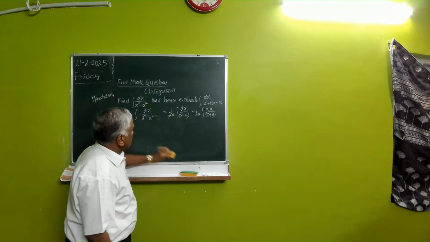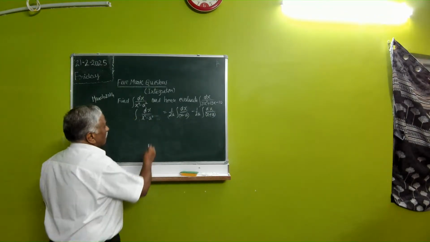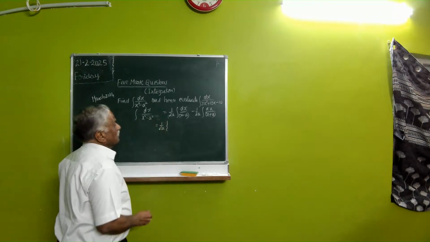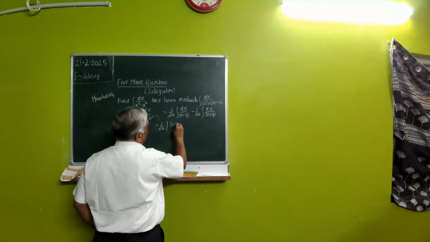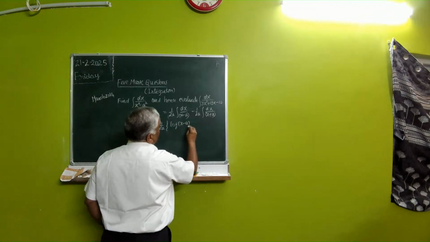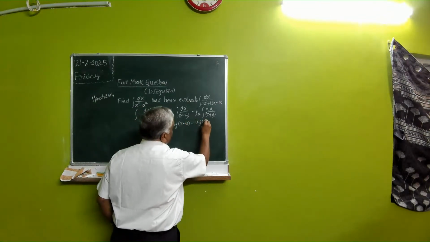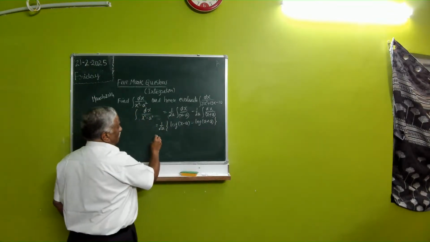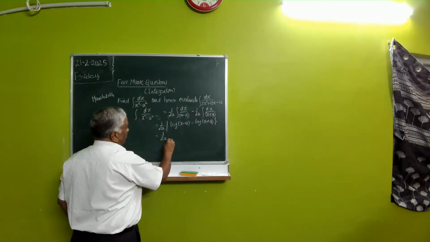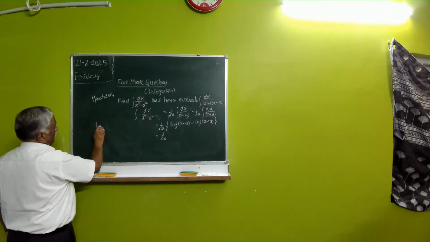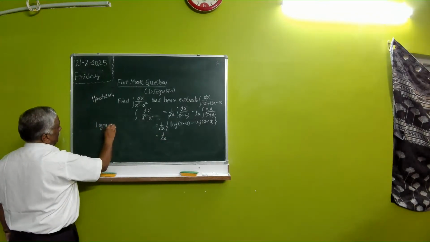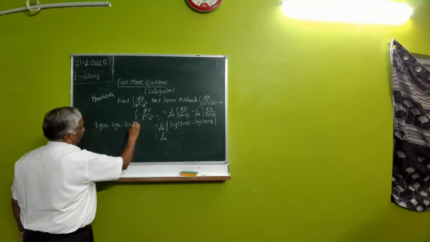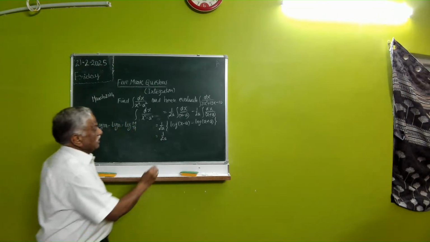Now we are going to integrate this. 1 by 2a is present in both places, so let us take 1 by 2a common. This is log of x minus a minus log of x plus a. Log m minus log n is equal to log m by n, the formula we are using here.